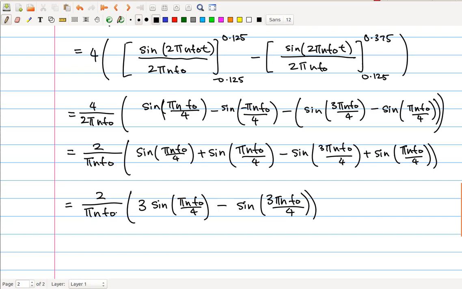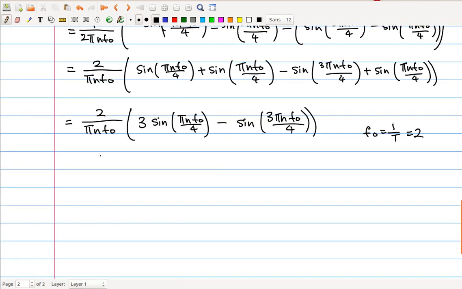Okay, and we can actually go a little bit further because we actually know what the value of f naught is supposed to be. We worked that out earlier in the question. F naught was equal to 1 on t, which we agreed was equal to 2. So we can substitute that value in and further evaluate this. Giving us 2 on 2, which gives you 1. Numerator cancels down even further.